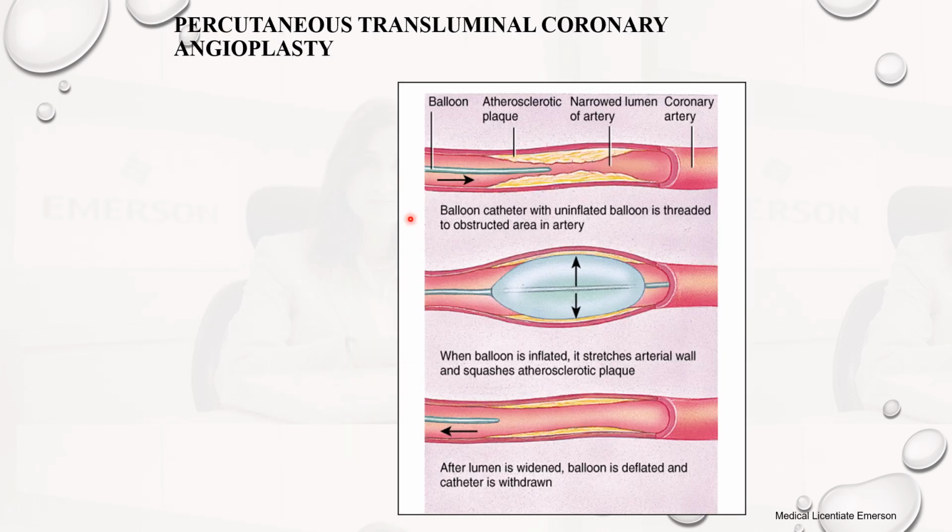Another procedure is percutaneous transluminal coronary angioplasty, where they put a balloon catheter, threaded into the obstructed area, and the balloon is inflated. It stretches the arterial wall and squeezes the atherosclerotic plaque. After the lumen is widened, the balloon catheter is withdrawn.